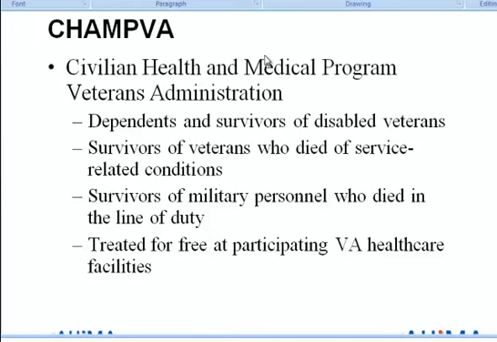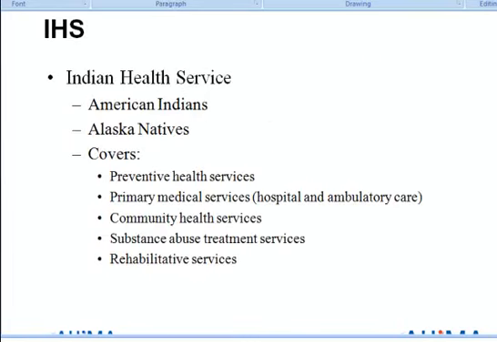Persons that are on TRICARE cannot also participate in CHAMPVA. This program covers most healthcare services and supplies that are medically necessary. CHAMPVA would become a secondary payer when any other health benefit is available.